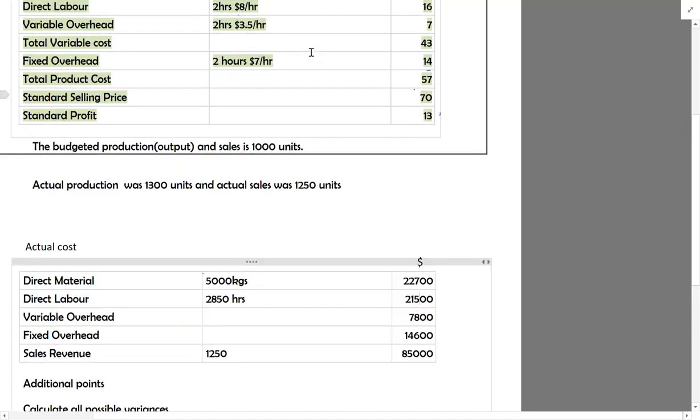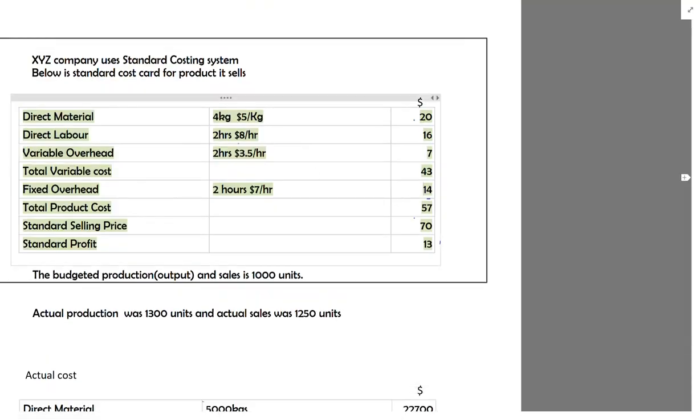And then we have absorbed. So we absorb overheads based on units. How many units did we produce? Not the units sold, units produced. So 13 multiplied by 14. The rate was 14 per unit. So absorbed is 18,200.